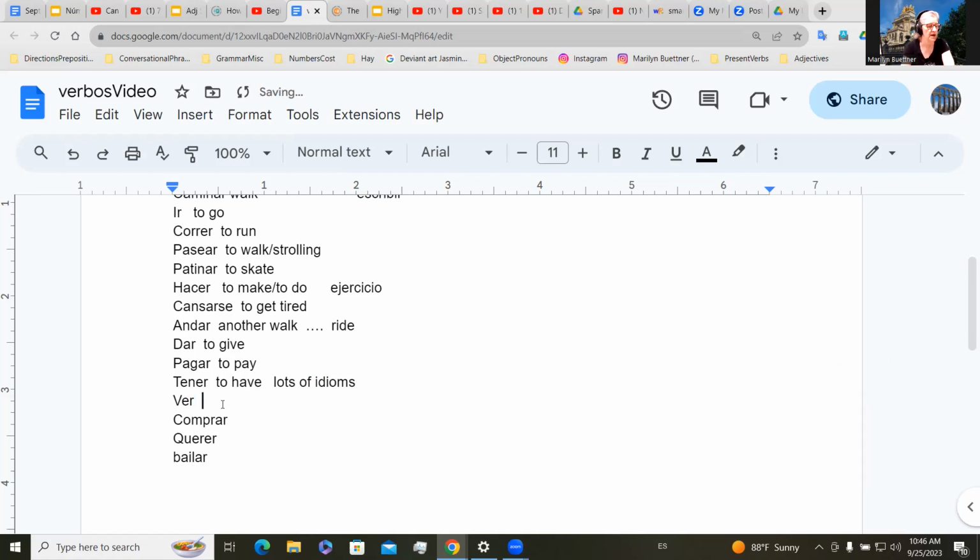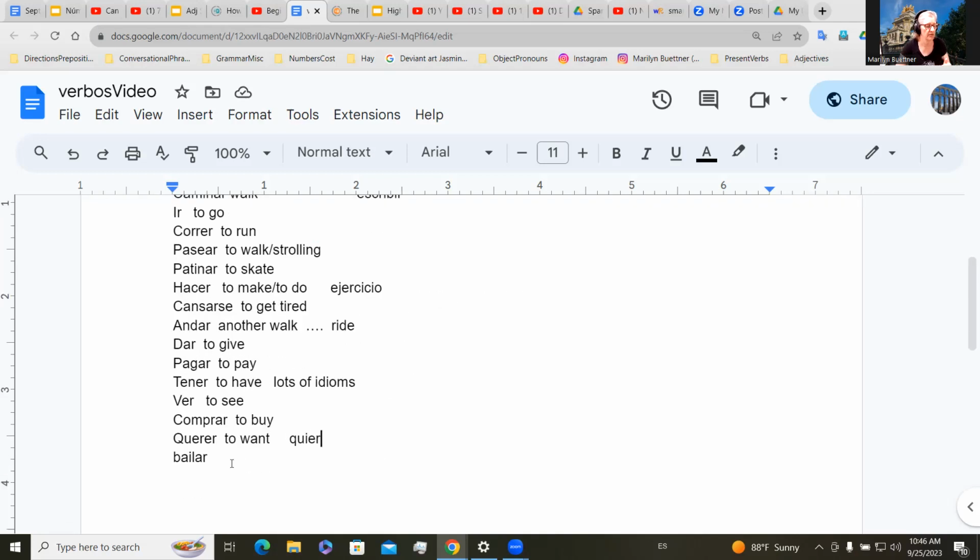Okay. Ver, to see. Comprar, to buy. Perdón, sí. Aquí, querer, to want something. But remember, you will always hear that start off when it's conjugated QUI because it's an IE stem changer. So it'll always start with like quiero, quieres, quiere, quieren, right?